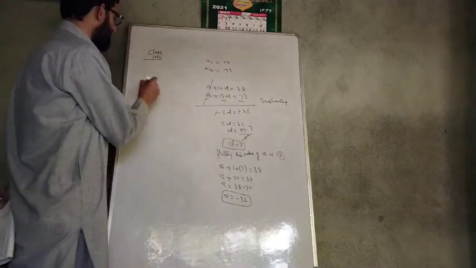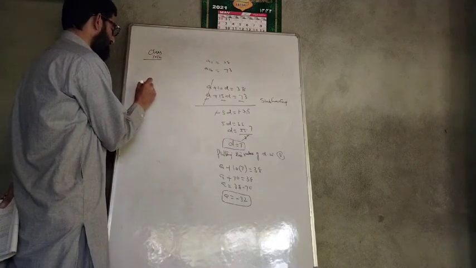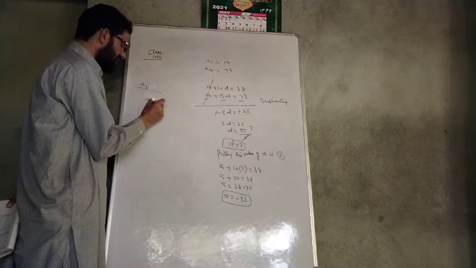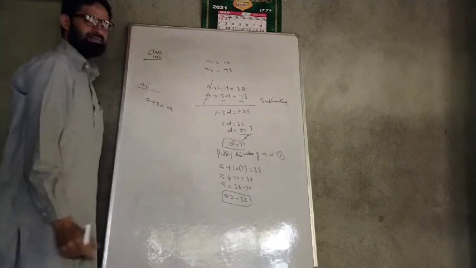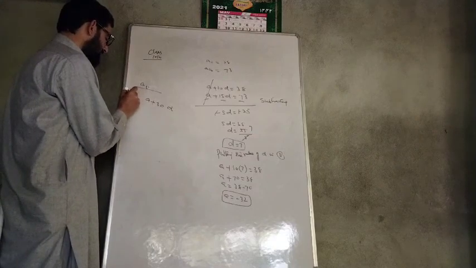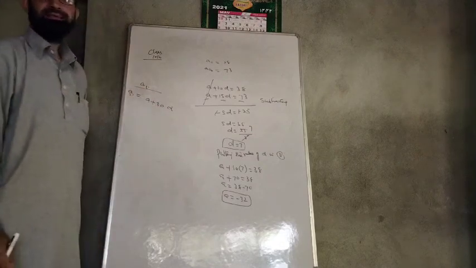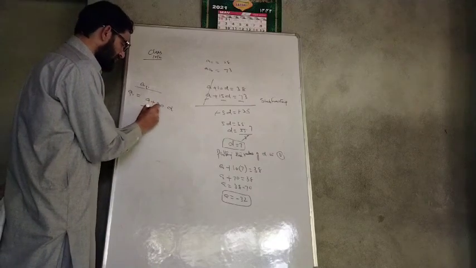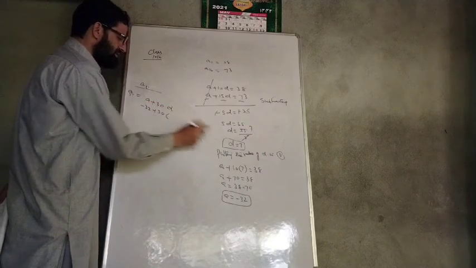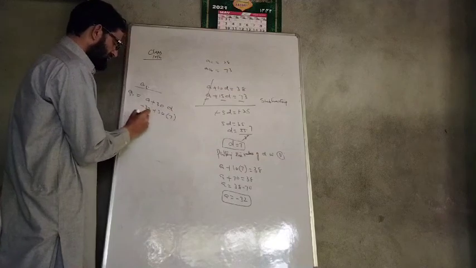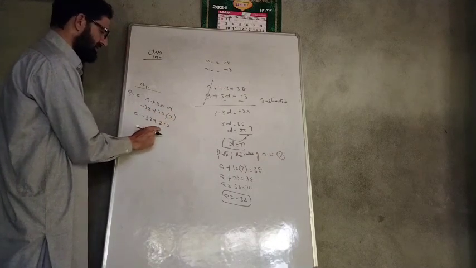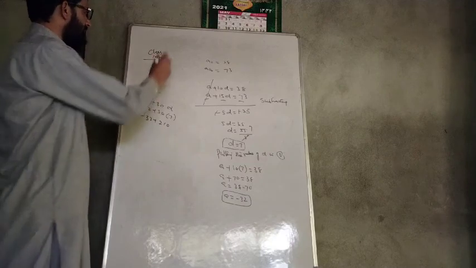Now you have to find the 31st term. What is the 31st term? It is a plus 30d. So what is a here? It is minus 32 plus 30 into d. What is d? It is 7. So this is minus 32 plus 210. 7 threes are 21, so 210.